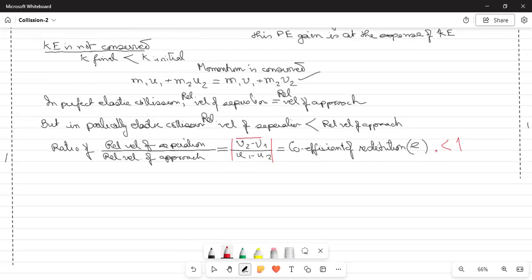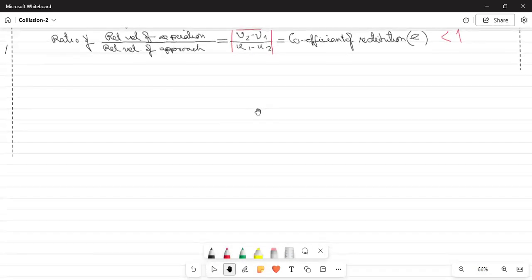We have seen perfectly elastic collision. We have seen partially elastic collision. Now we shall see perfectly inelastic collision. We shall go to perfectly inelastic collision.